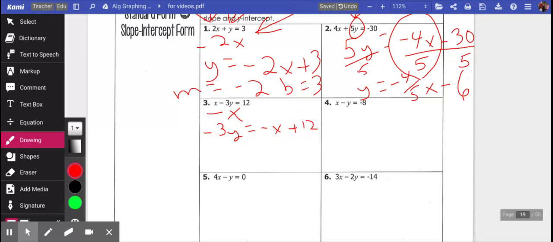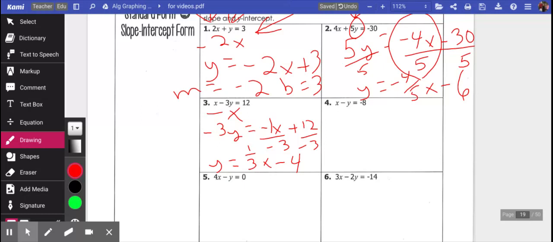Now, this is where, like I said, I know some of you won't do it, but it really helps you to write that so you can see that that's a 1 there, and that you're left with negative 1 divided by negative 3, which is a positive 1/3 x.